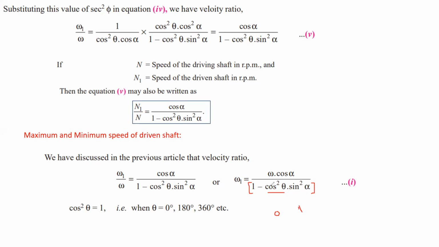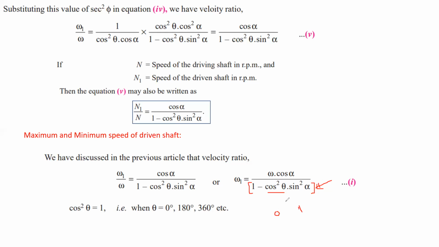And minimum will be subtracted from 1. 1 से जो है वो मिनिमम सब्सट्रैक्ट होगा. मीन्स यू हैव मैक्सिमाइज दिस ब्रैकेट. ये आपने मैक्सिमाइज कर दिया क्योंकि ये जो फैक्टर है ये मिनिमाइज हुआ. 1 में से मिनिमम ही आपने सब्सट्रैक्ट किया तो ये ब्रैकेट मैक्सिमाइज हुआ. ओके. एंड देन this omega into cos alpha is divided by maximum value. So you will get the minimum value of omega 1.